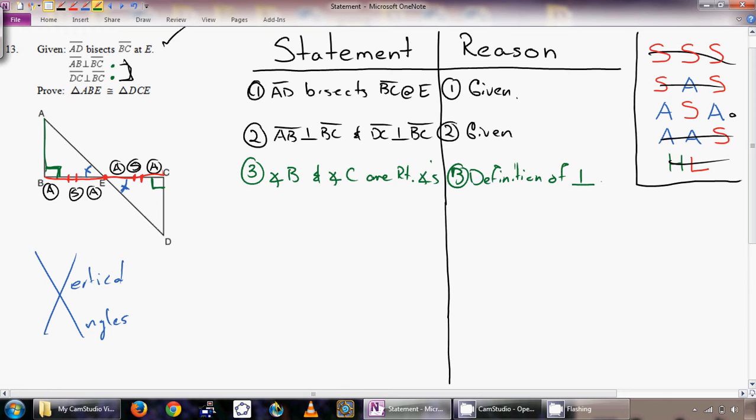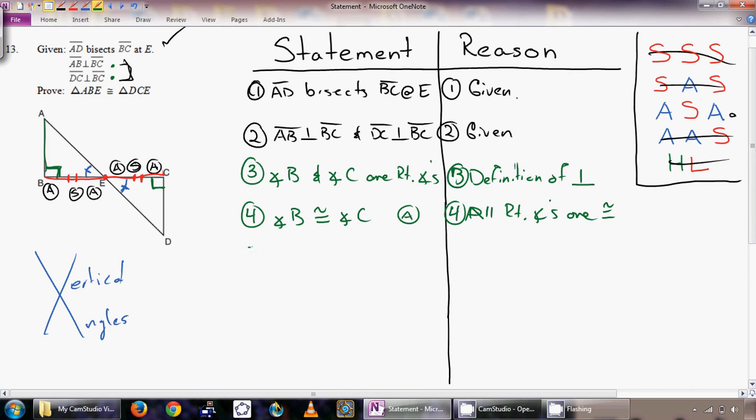I'd like you to write it out. I'm going to abbreviate for the sake of brevity. 4. Well, if they're right angles, then they're obviously congruent to one another, right? So there's an angle that I'm establishing. And how do I know that? Well, all right angles are congruent, okay?